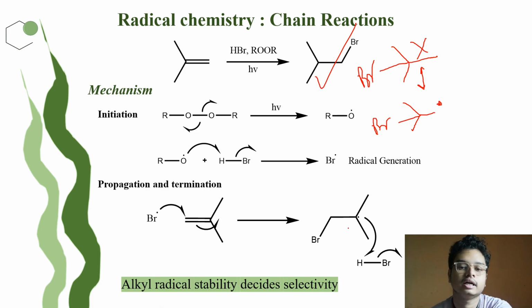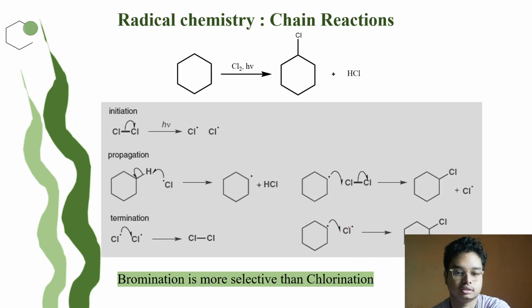Okay, now let us talk about the chlorination of cyclohexane. Here, cyclohexane with chlorine under photochemical conditions gives monochlorination, and the byproduct we get is HCl. The first step is initiation. The chlorine can be photochemically cleaved, or homolytic cleavage is observed, to generate the chlorine radical.